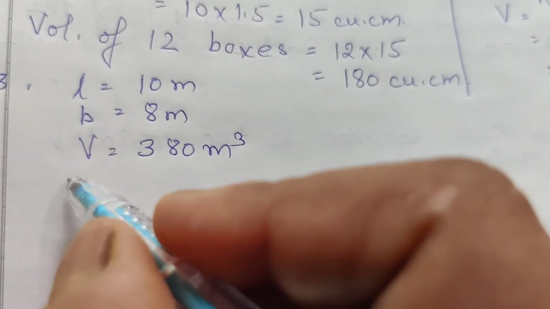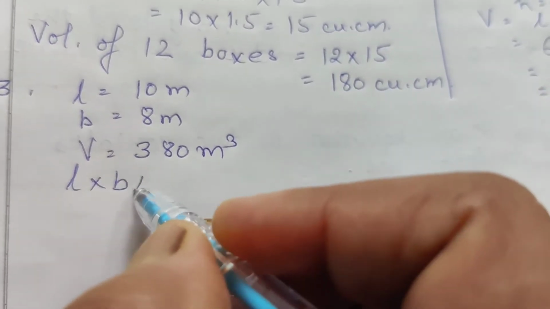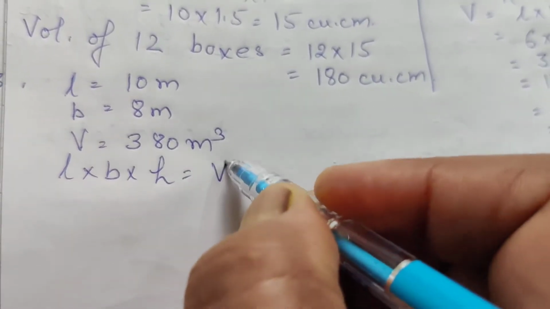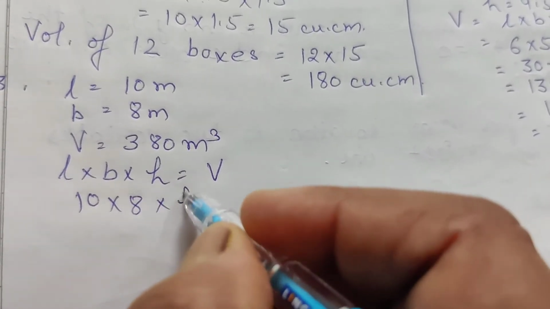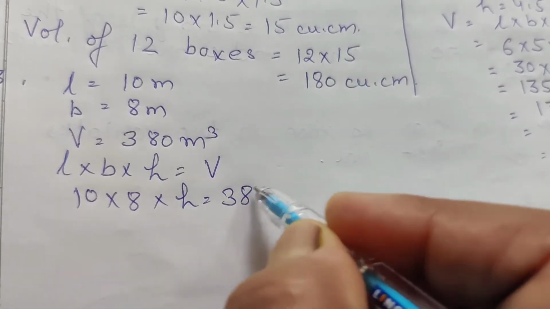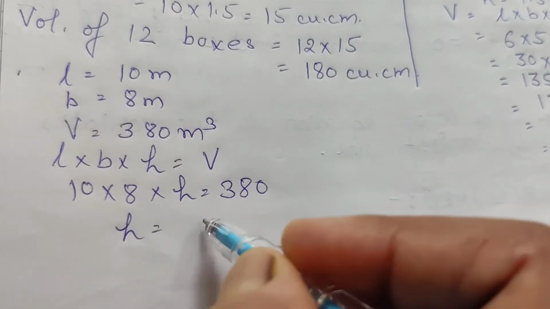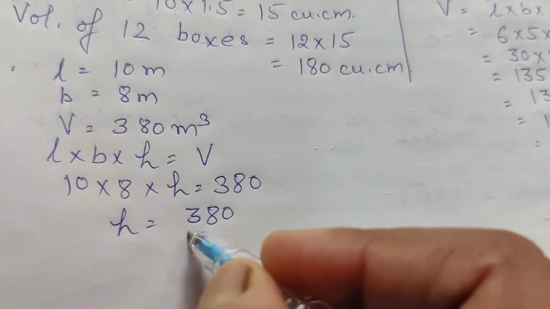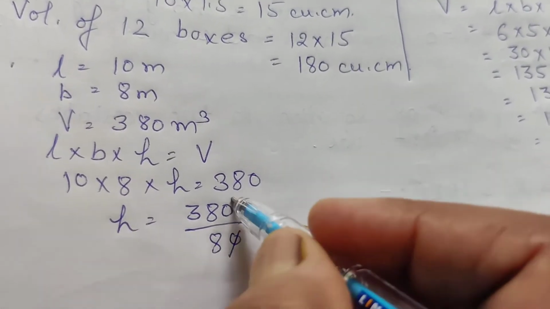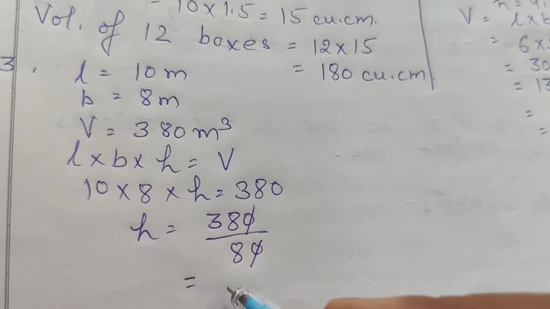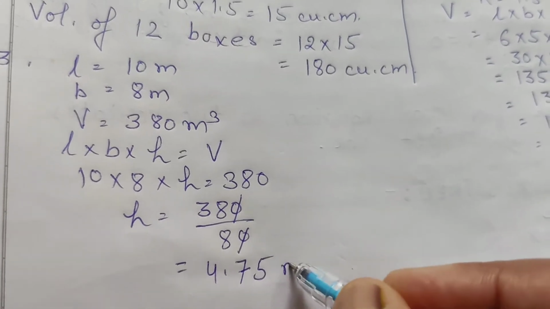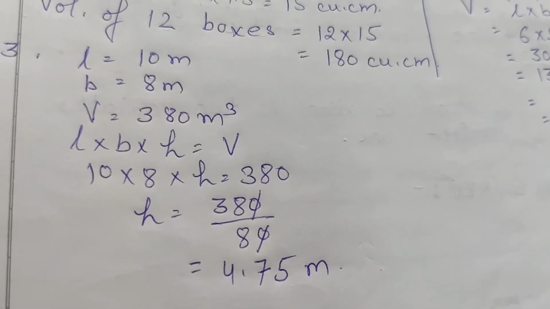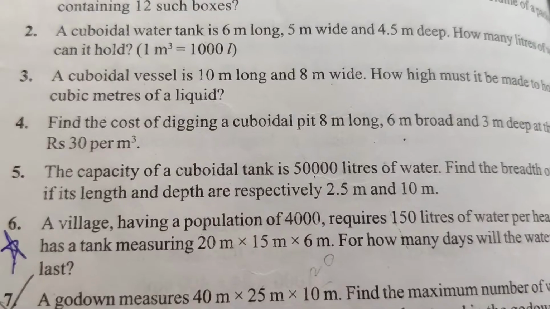The formula of volume is L into B into H equals volume. It means 10 into 8 into H equals 380. Now 380 divided by 80, we get 4.75 meter.